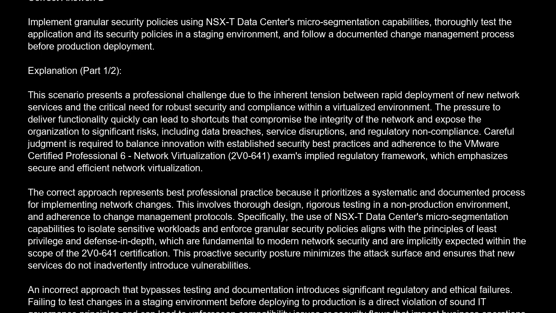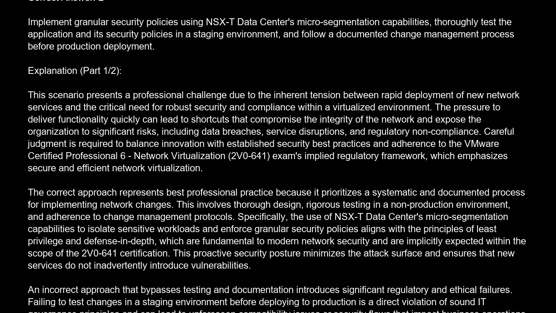The correct approach represents best professional practice because it prioritizes a systematic and documented process for implementing network changes. This involves thorough design, rigorous testing in a non-production environment, and adherence to change management protocols.